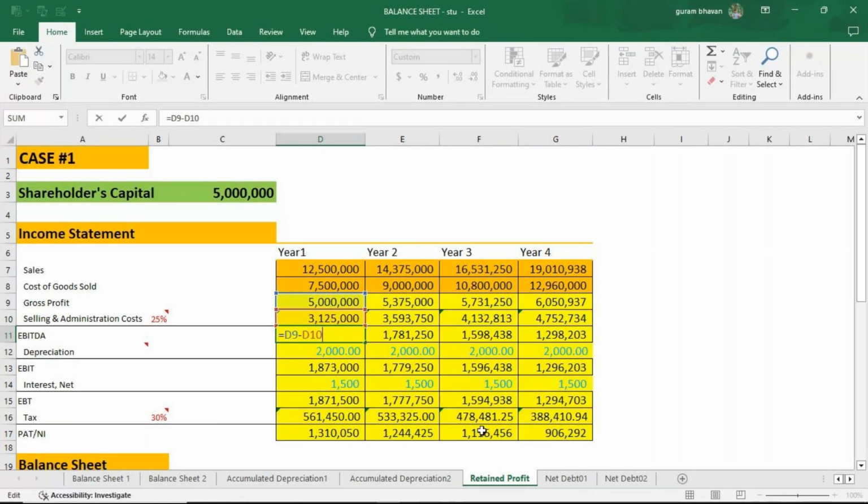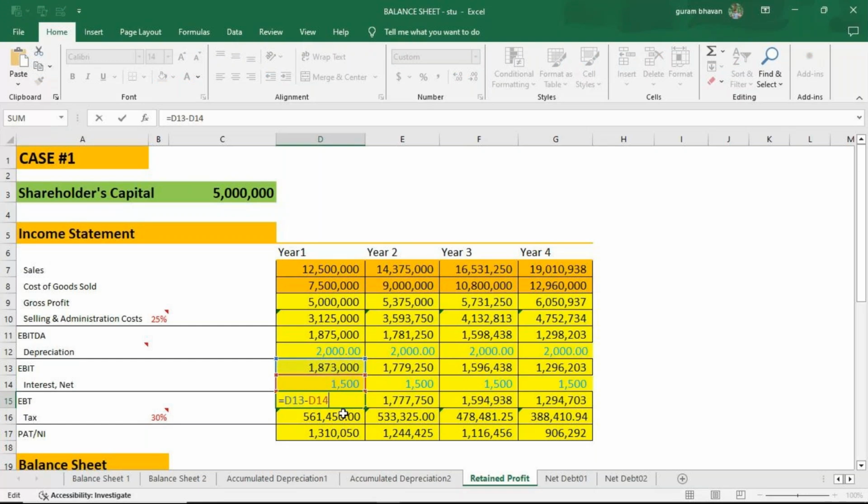Depreciation is 2000 rupees every year. So EBIT, earning before interest and tax, will be EBITDA minus depreciation. Interest, I'm going to pay 1500 every year. So EBT, earning before tax, will be EBIT minus the interest.